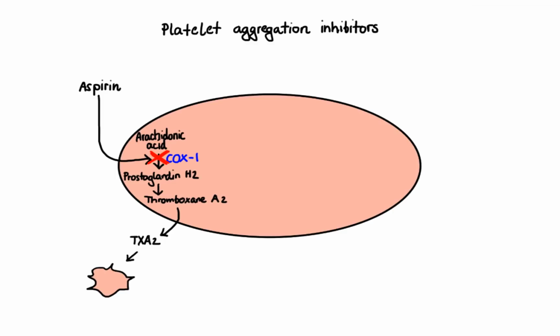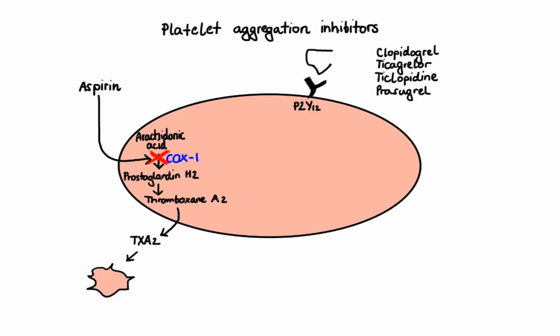Next, we have platelet aggregation inhibitors that work by blocking the action of the ADP receptor, specifically the P2Y12 subtype. Drugs that belong to this group include clopidogrel, ticagrelor, ticlopidine, and prasugrel. As I mentioned before, activated platelets release chemical mediators.